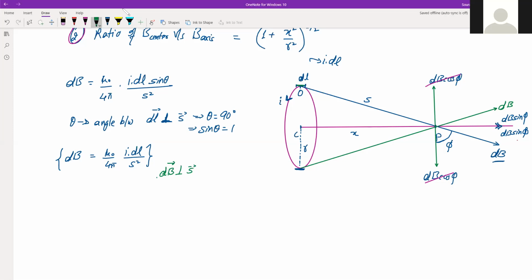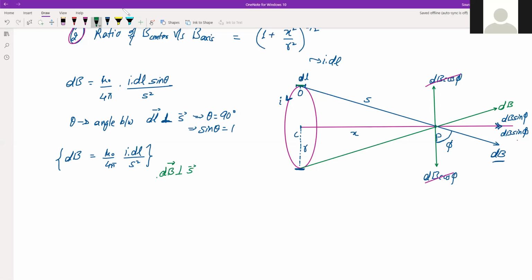So the line S which you see here, this O to P, or the distance S, the vector S, is in the plane of paper, and dB lies in the plane of paper, and that's why it is perpendicular to vector S. So this dB is perpendicular to S. The angle between dB and S is 90 degrees.